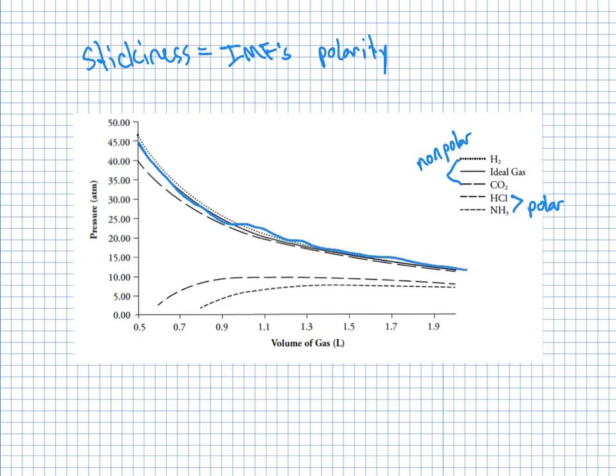I don't think that's hard to see at all. Non-polar is just like the ideal: not sticky. The stickiness factor is already taken care of. But these polar things are a problem. They definitely have a large amount of deviation from ideal, and there's no getting away from it. Pressure and volume cannot overcome sticky.